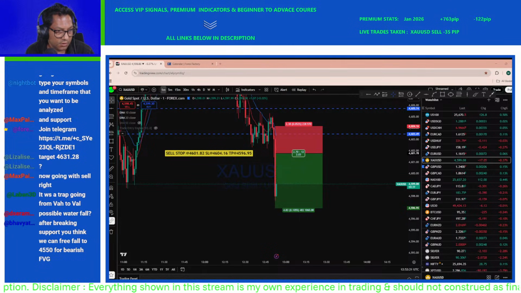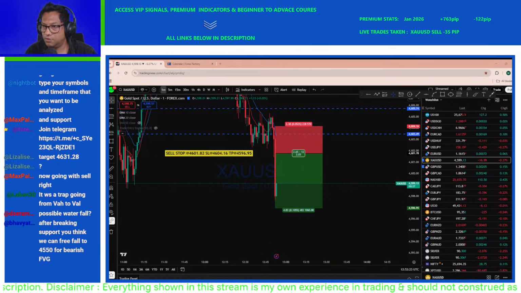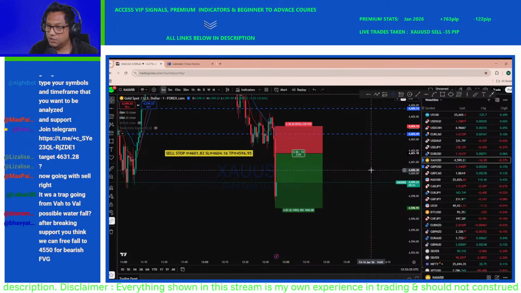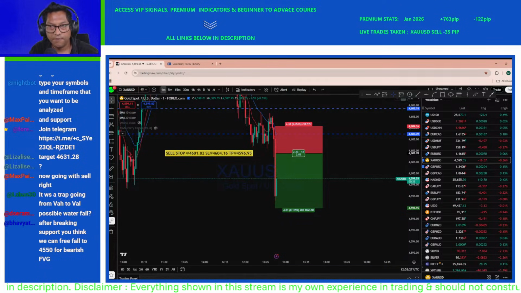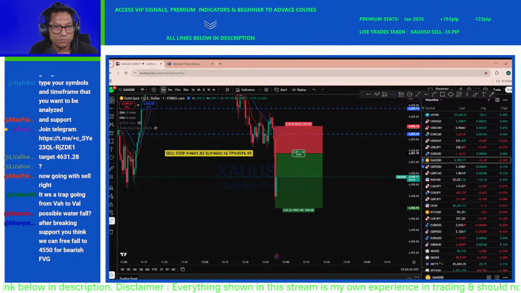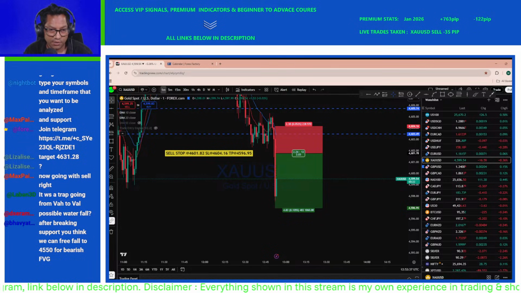Now the trade is closed, and it's a bigger lot, a little bit. After breaking support, think we can free fall to 4550.